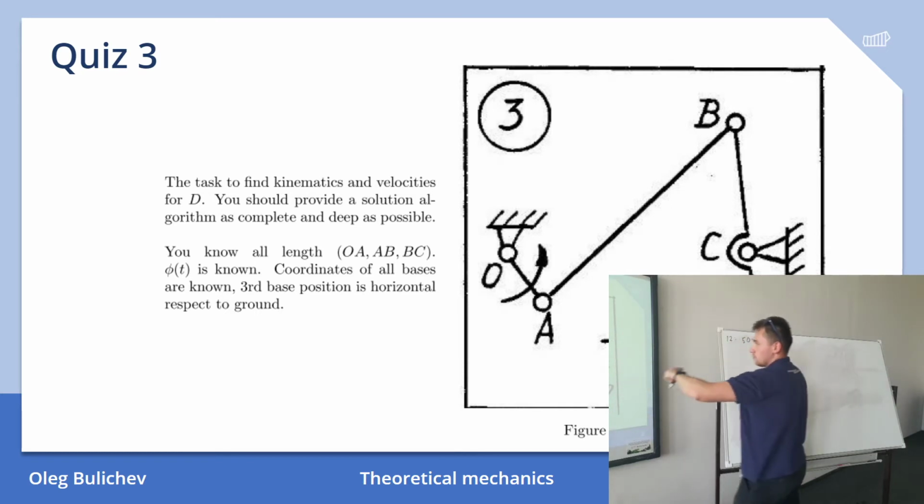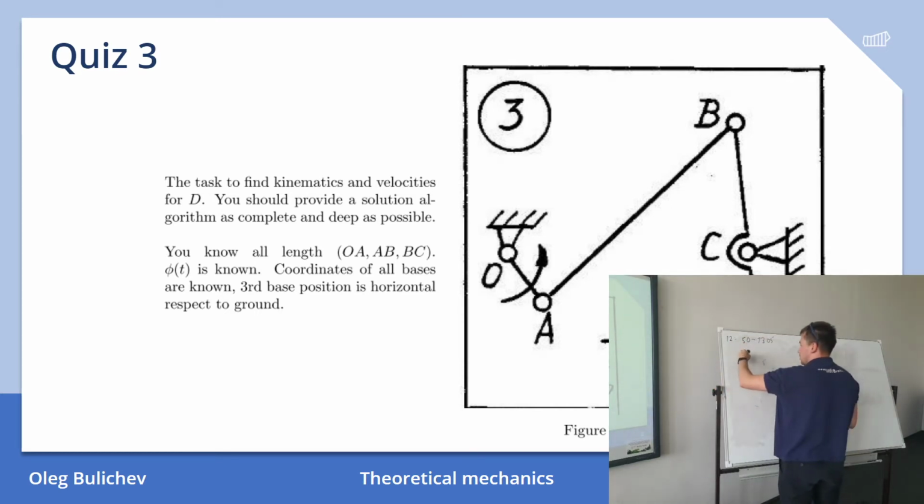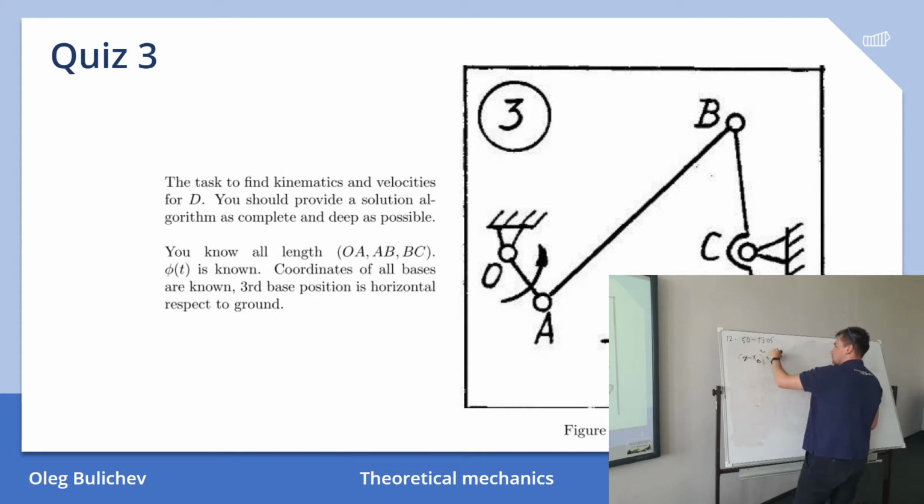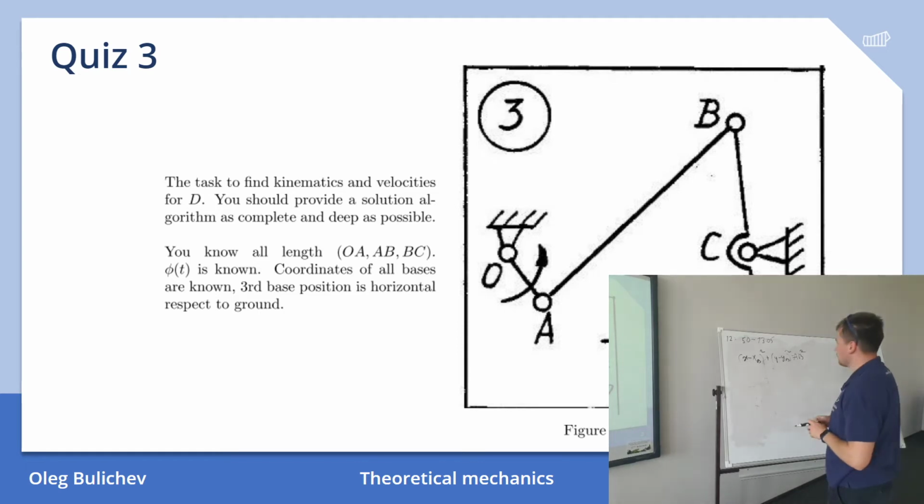So, A, B. X and Y for A. X_A, Y_A equals which point was that?